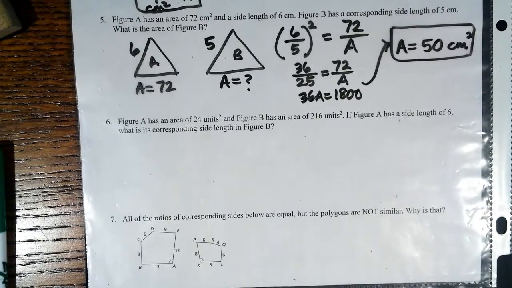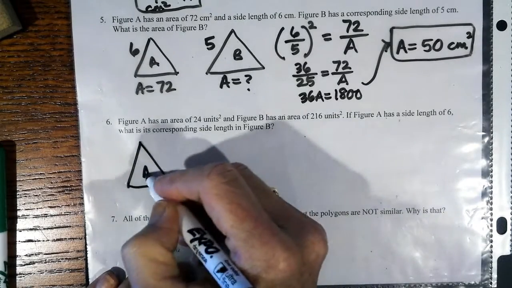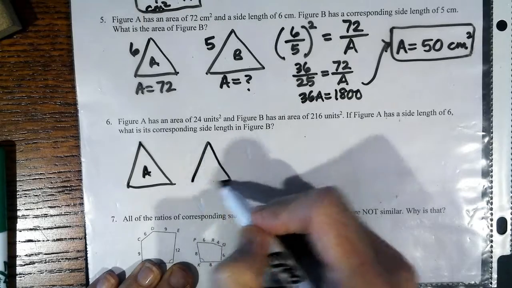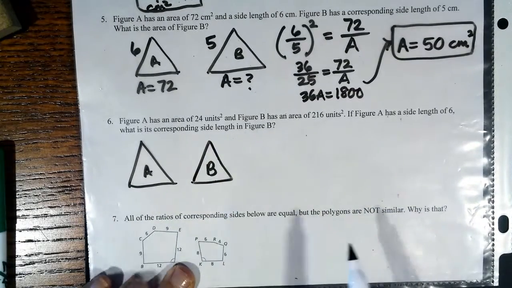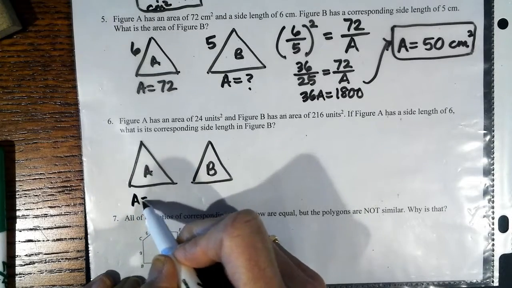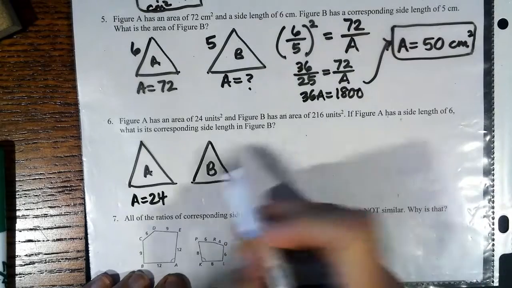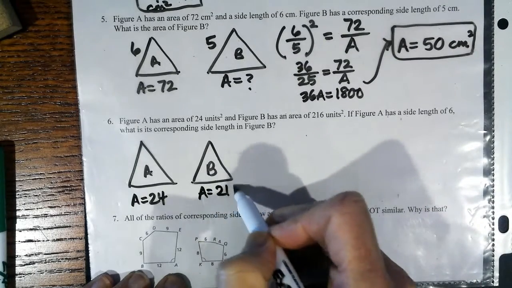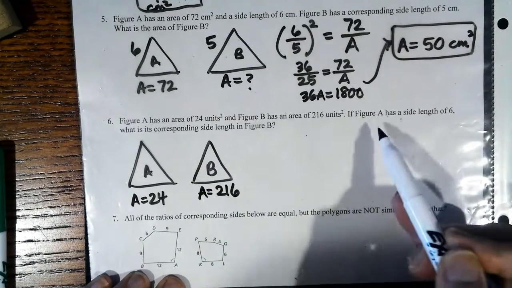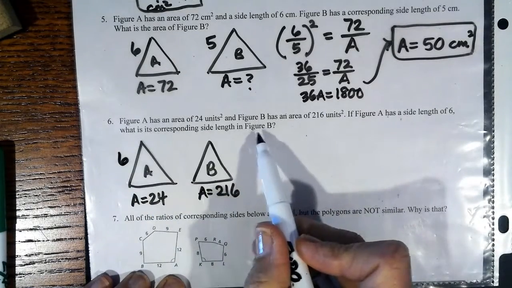Number 6, figure A has an area of 24. It just says figures, so I'm going to do another figure A and B. It has an area of 24 units squared, and B has an area of 216 units squared. If figure A has a side length of 6, what is the corresponding side length of B?